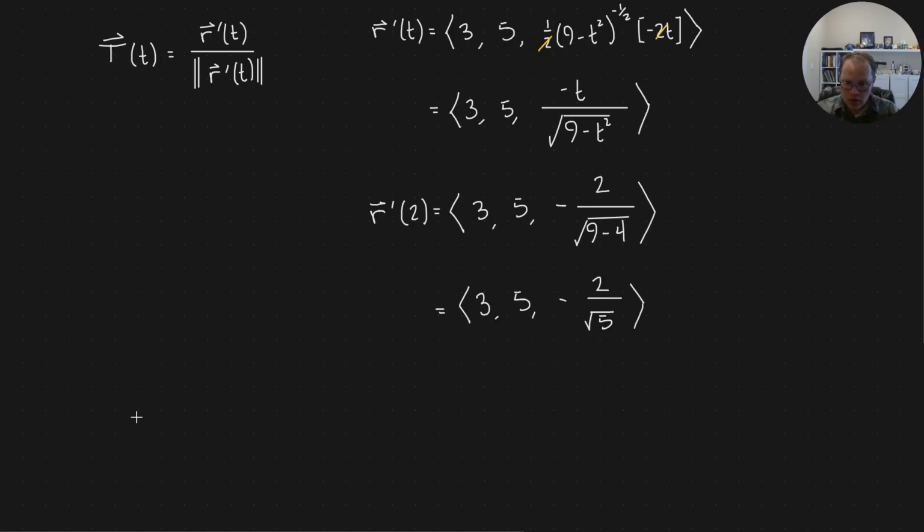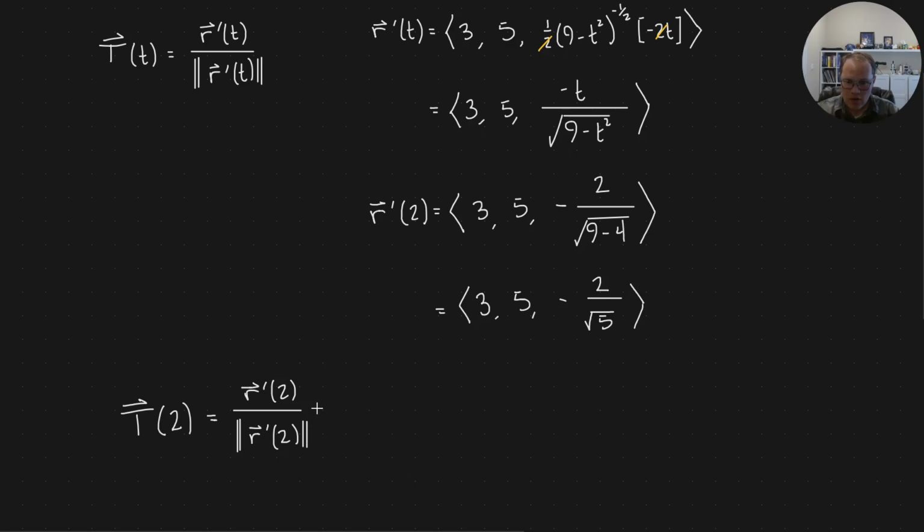So the unit tangent vector when t is 2 is the tangent vector when t is 2 divided by the length of that vector. So I normalize it, turn it into a unit vector.